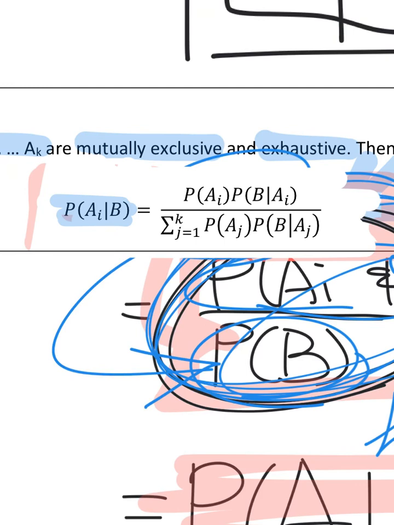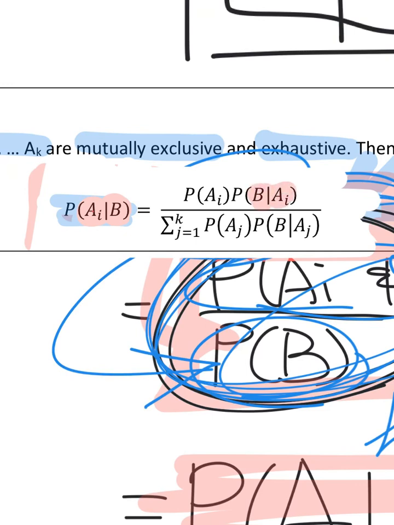Do you know why it is a fantastic rule in statistics? Please look at the left-hand side. What we got is the conditional probability of A_i given B. Be careful and focus on the order: A given B. Please look at the right-hand side.